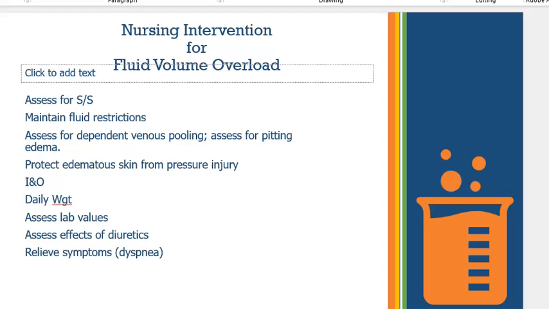Of course, the daily weights, which we know are the most accurate way to monitor that. You're going to watch for any trending lab values. You're going to assess for the effect of diuretics. The way that you would do that is with your I's and O's, making sure that they are able to get rid of or excrete all of those excess fluids.